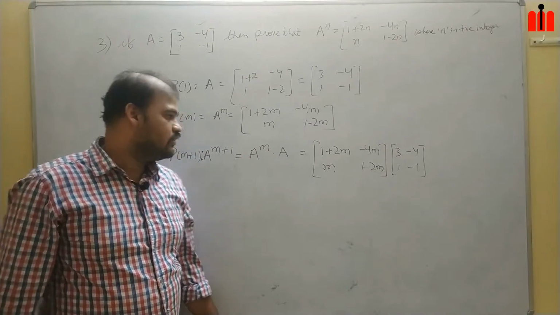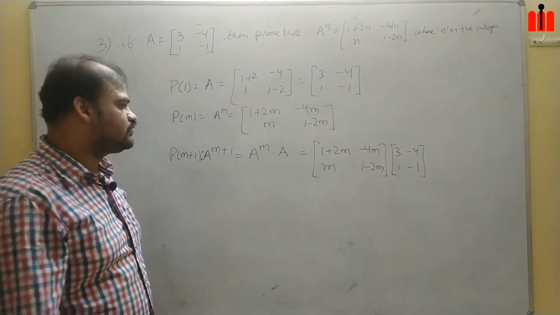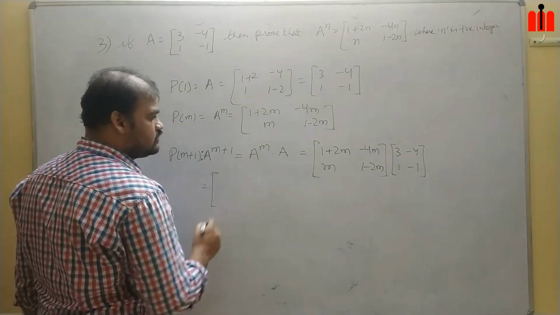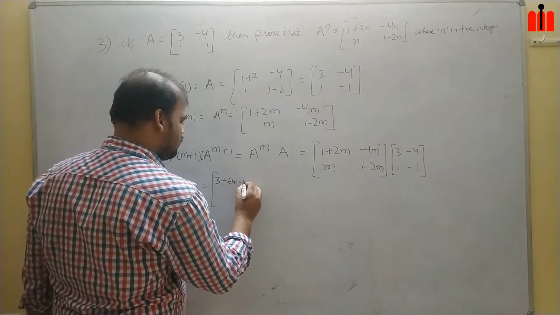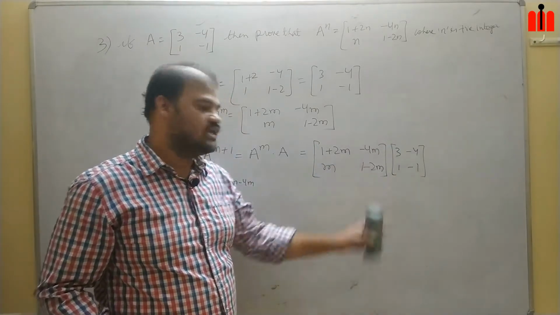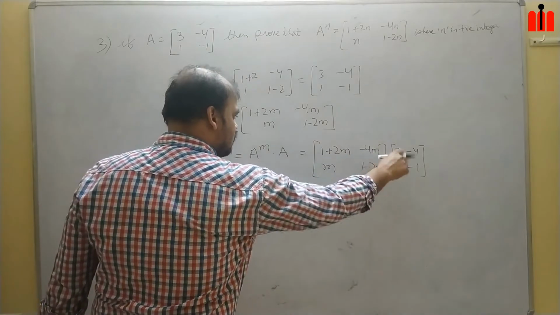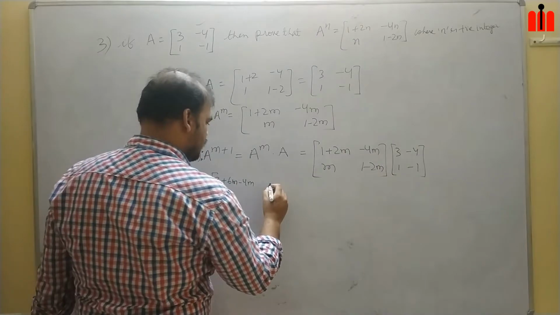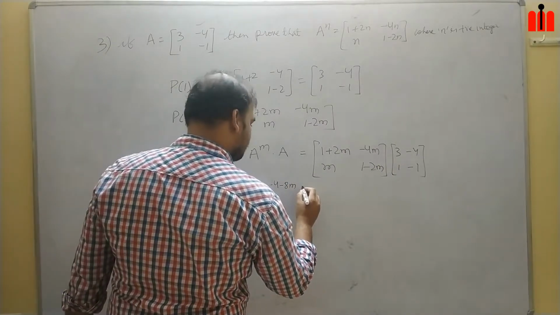Are you getting it? Okay, so now let's do the multiplication. Once we do the multiplication, we will get 3 plus 6m minus 4m in the first row, first column. Now first row, second column: minus 4 minus 8m plus 4m.